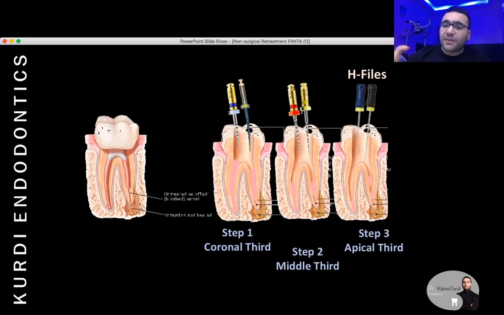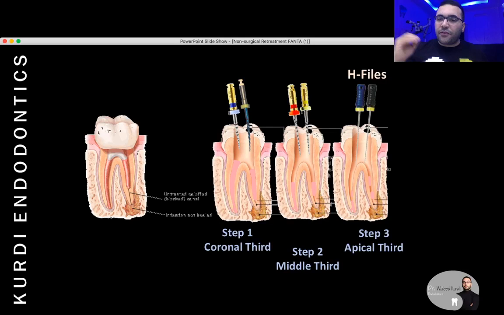And the middle third, I will remove with the second and third files from the Retreatment Kit, or even with 2004 or 2504 or even 3004 or even 2006, whatever the file. But for me, in retreatment cases, I prefer taper 06. It's just a personal thing.